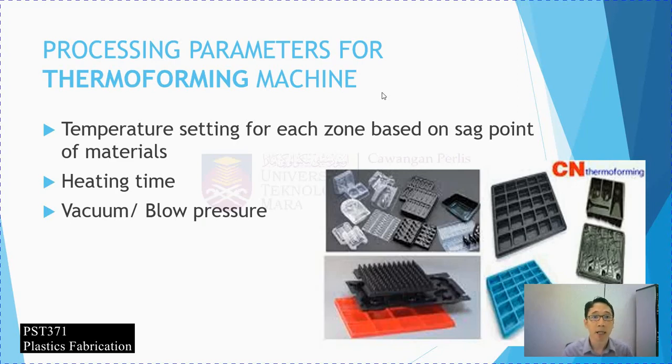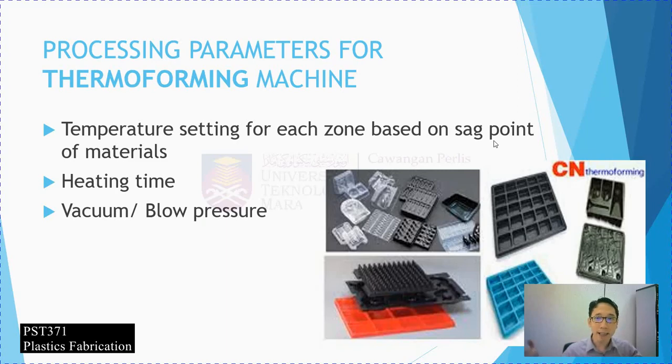Okay, the most important parameter for this thermoforming is the temperature setting for each zone. Usually for thermoforming, you will have at least 5 heating zones, okay, to produce a good set point on the material.